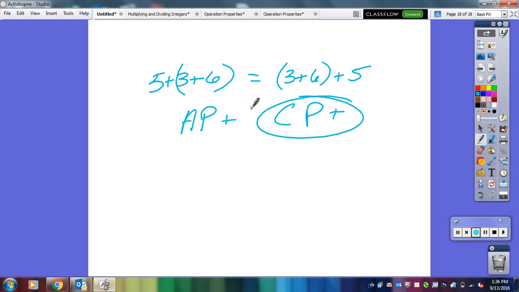You'd think it was the associative property because the parentheses moved, but you got to be careful. Who's associating didn't change. 3 is with 6 and 3 is still with 6. What did happen was this set of parentheses was on the right-hand side, now it's on the left-hand side, and 5 moved and they flip-flop. That's the commutative property of addition. So have to be careful. Those are types of tricky questions they like to ask.